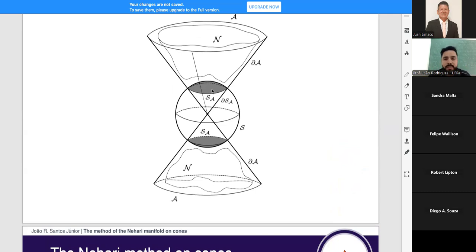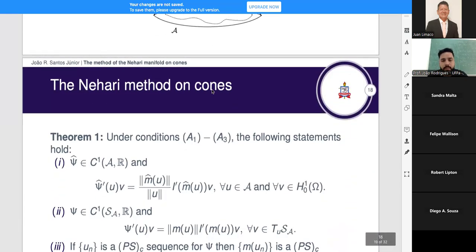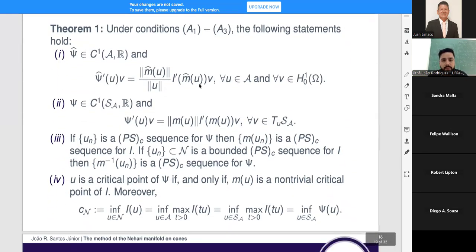It is a problem for us if the minimizing sequence goes to the boundary. We have to control the behavior of the minimizing sequence near the boundary. The main abstract result is this one, which defines a C1 functional on the C1 manifold S_A, and we can prove some relation between the energy functional associated to the problem and another functional psi defined on the C1 manifold S_A.